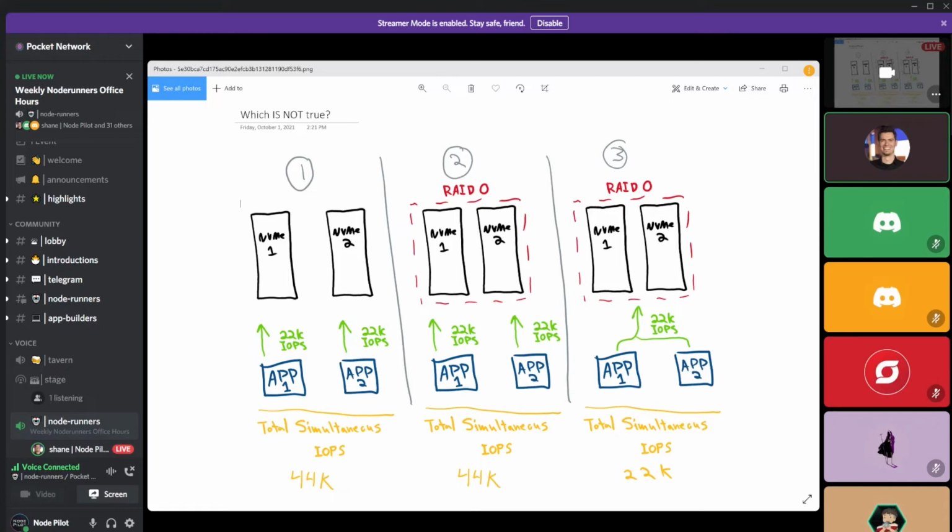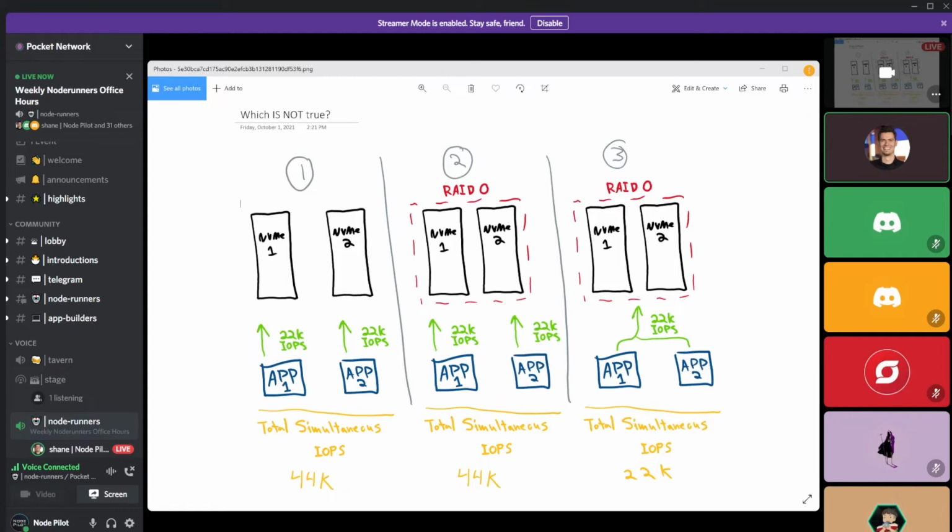So I'm basically asking which of these is not true. Here you have number one, where you have two hard drives, and I say app here, but I really mean, say you have one node. Say you have an Aragon node on one, and a Solana node on the other, or something like that, right?